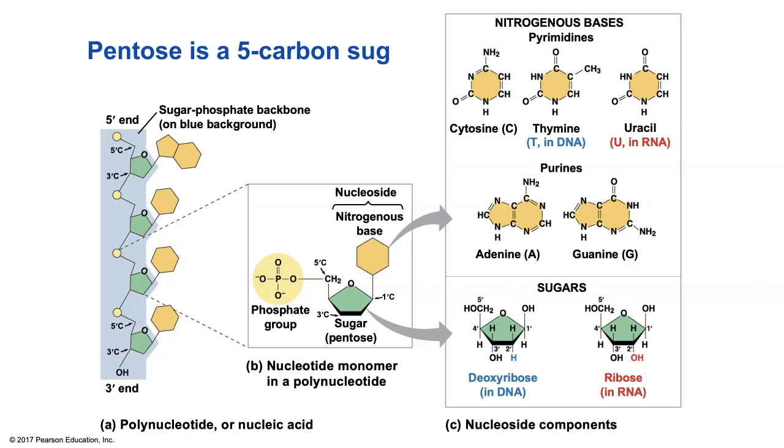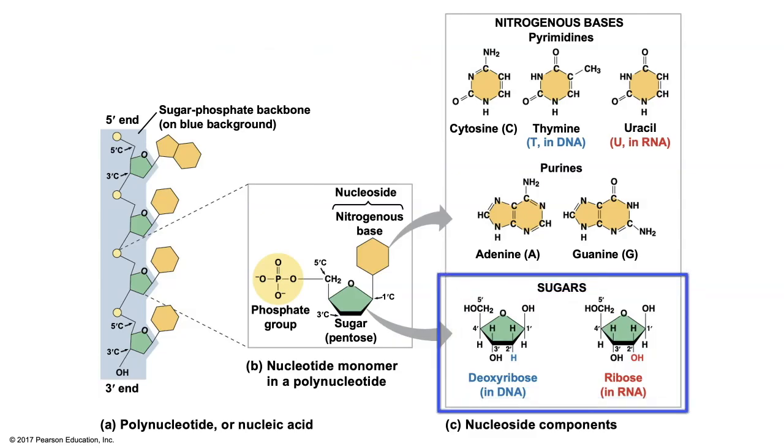We have two available here, deoxyribose or ribose. If you want to build a DNA nucleotide, you have to use the sugar deoxyribose. And conversely, if you want to build an RNA nucleotide, you have to use the sugar ribose.